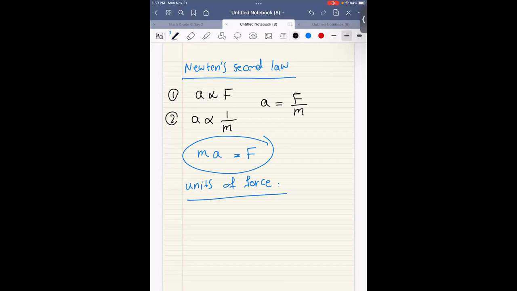So in general, for the unit of force, I just put a bracket: F is equal to the unit of mass, M, times the unit of acceleration. What is the unit of acceleration?